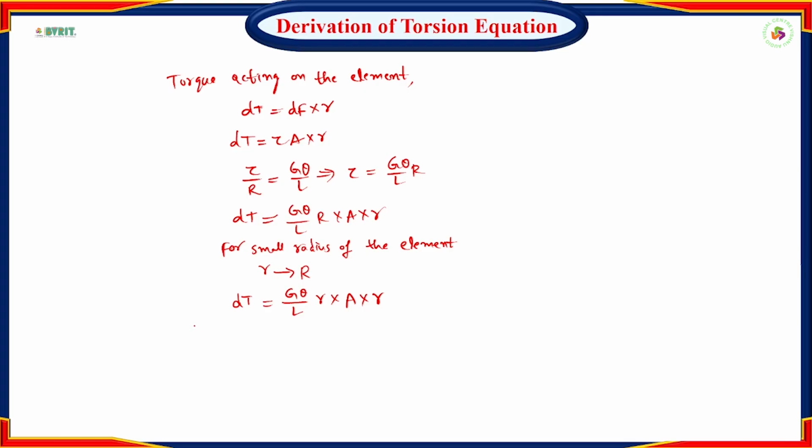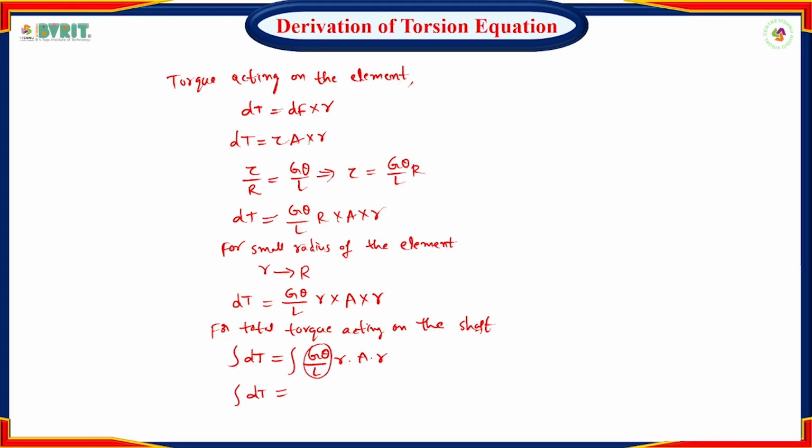Now the total torque acting on the shaft can be found by using integration on both sides. Now integral dT will be integral G theta by L into r into area into r. Now integral dT will be G theta by L, which is constant, into integral r squared into area.